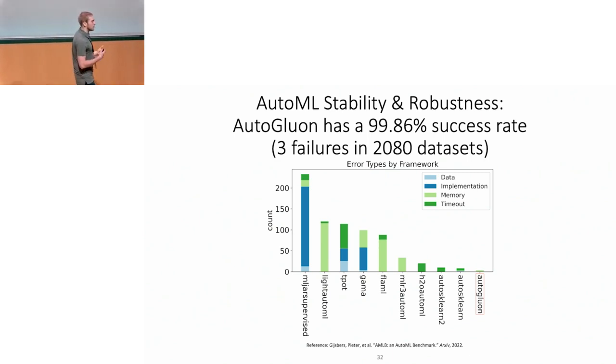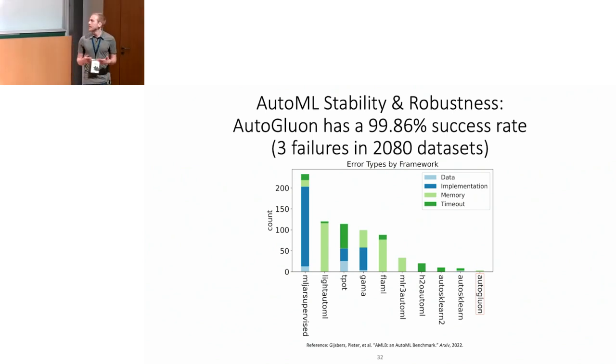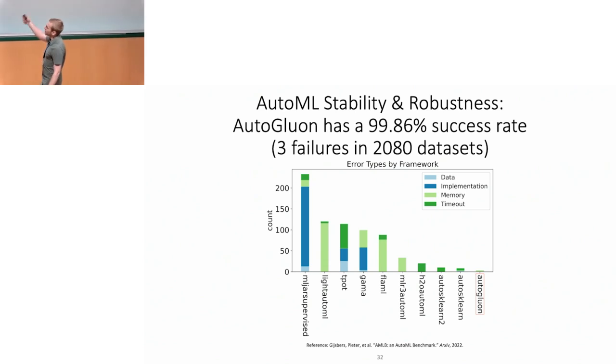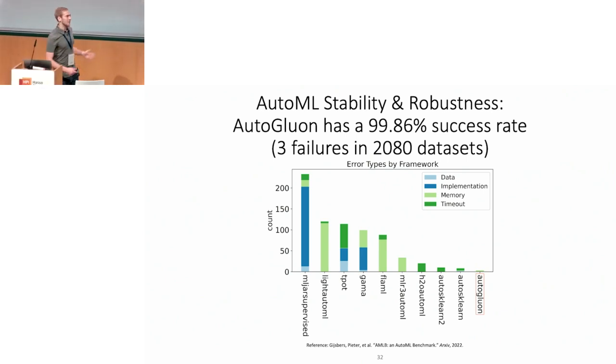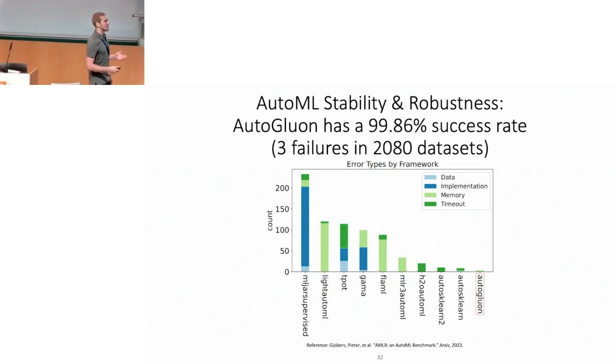We will do graceful degradation of the system in case models start failing. This is all to move towards a 100% success rate in these kinds of tasks, to ensure that when you go to use an AutoML system, it works. Because one of the biggest reasons someone wouldn't use an AutoML system is if it doesn't work, because then who cares how good it is if you can't get it working.